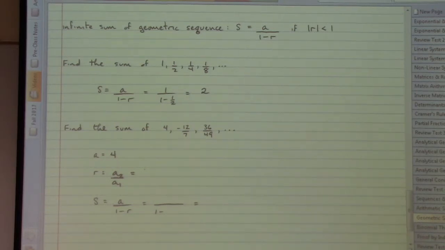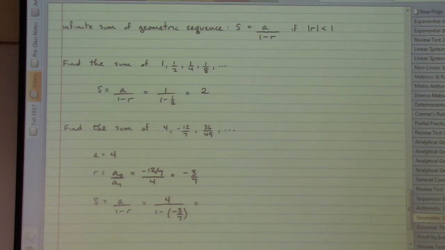And so in this particular case, it's a lot more direct. The common ratio comes from our second term divided by our first term. -12/7 divided by 4 gives us a common ratio of -3/7. And so according to our formula, our first term is 4. That goes on top. Our common ratio is -3/7. That goes on the bottom with a 1 minus the common ratio.